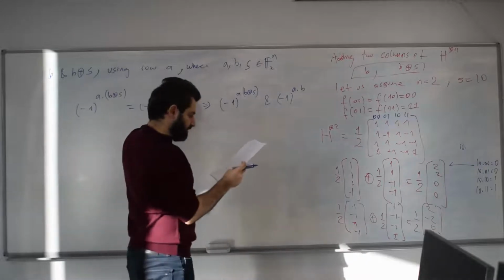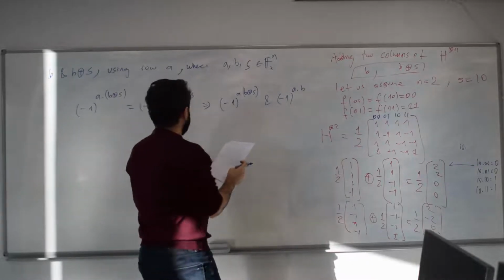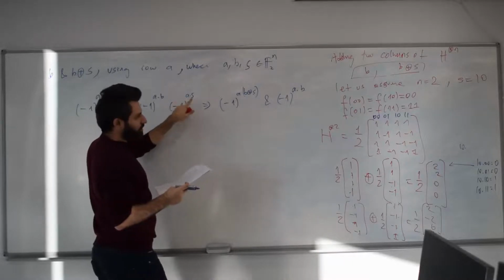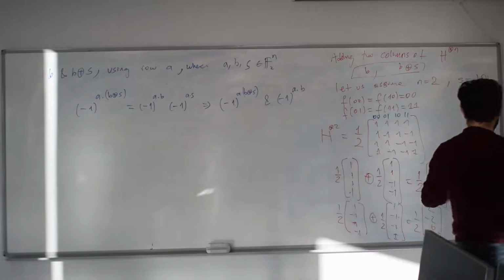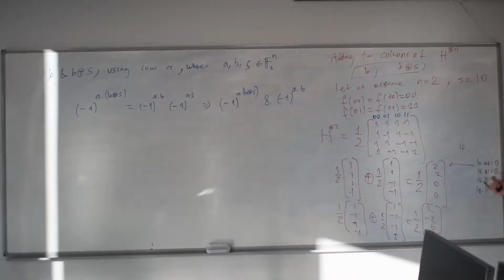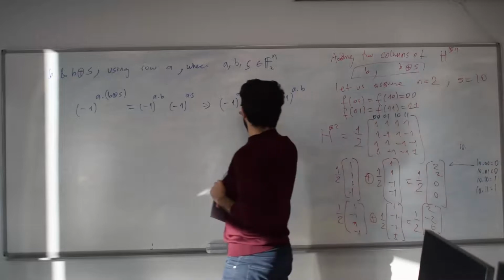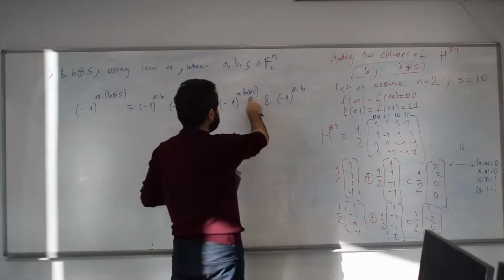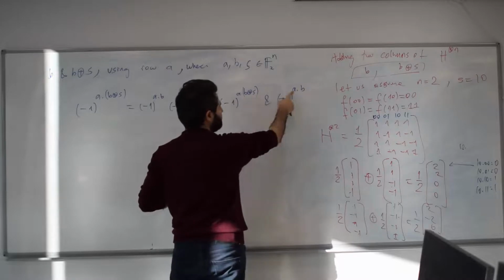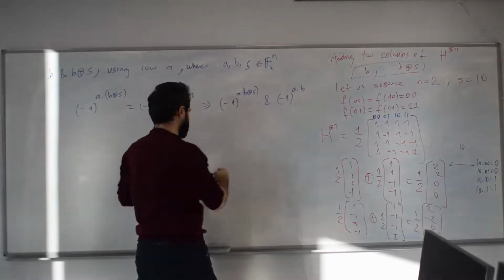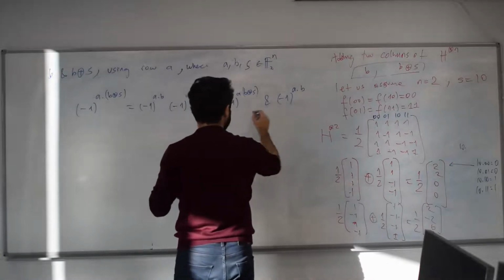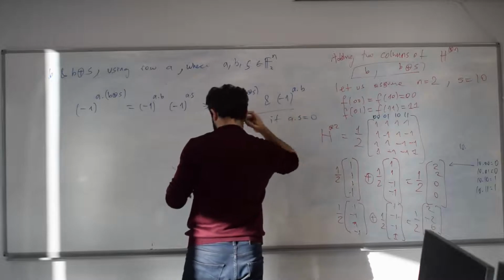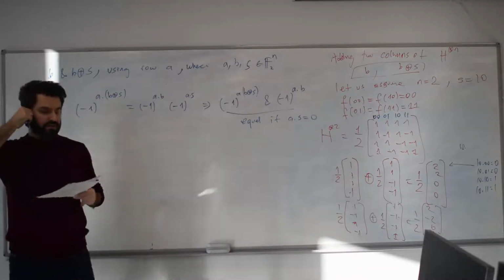The dot product with A is going to be 0. If the dot product is 0, then B XOR S and B are the same. It's just about A and S having a dot product 0. So these are equal if A dot S is 0.